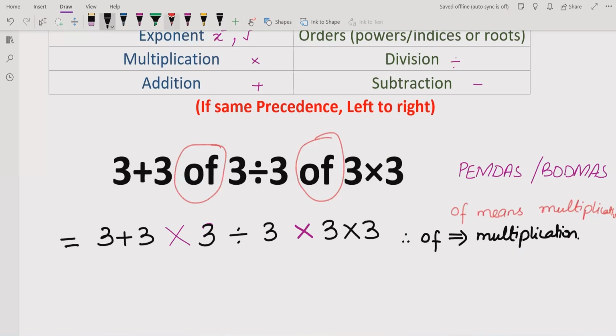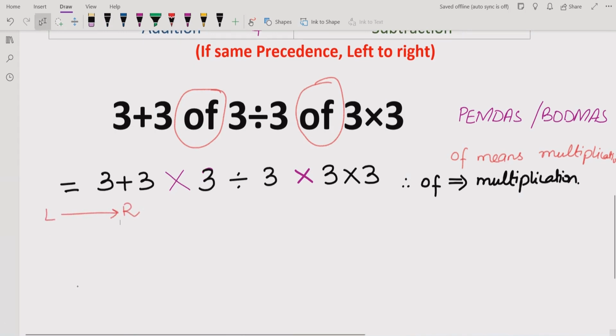We will go left to right, and according to the BODMAS rule, or PEMDAS rule, we have to solve this part first. This one we have to solve first, because in PEMDAS multiplication and division have the same precedence. Here we have the multiplication sign, so we will solve multiplication first.